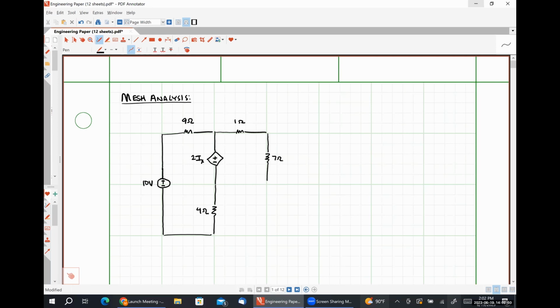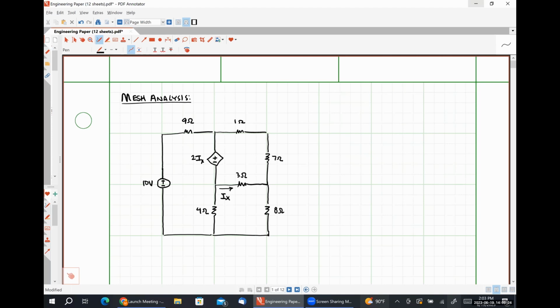A 7-ohm resistor here. A 3-ohm resistor here. And then an 8-ohm resistor over here. I'm going to define my current Ix to be the current flowing from left to right through this 3-ohm resistor, like so.